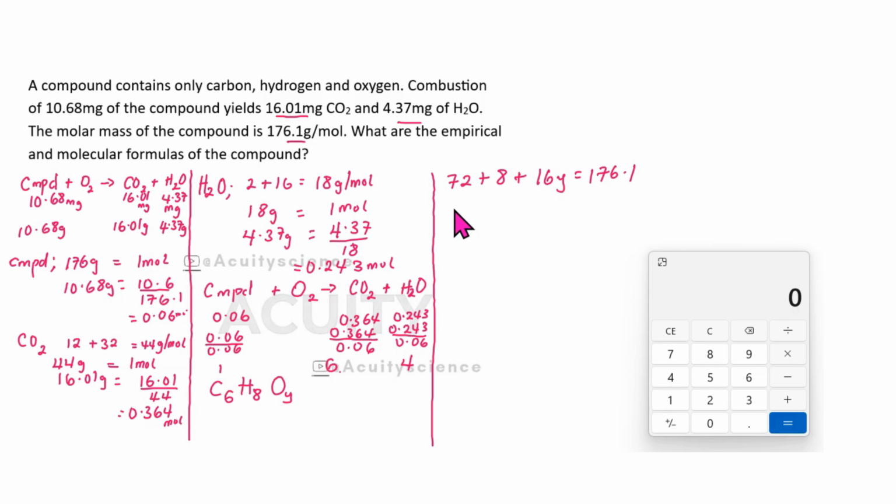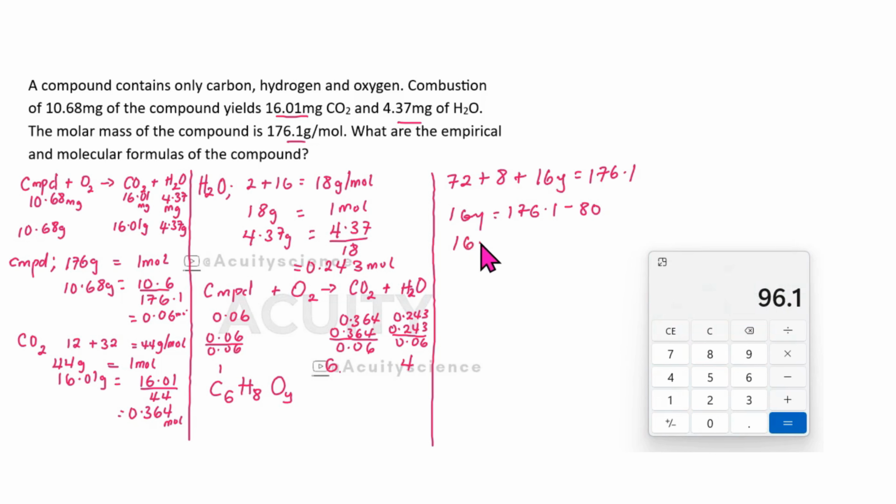So 16Y equals 176.1 minus 80, that is 96.1.